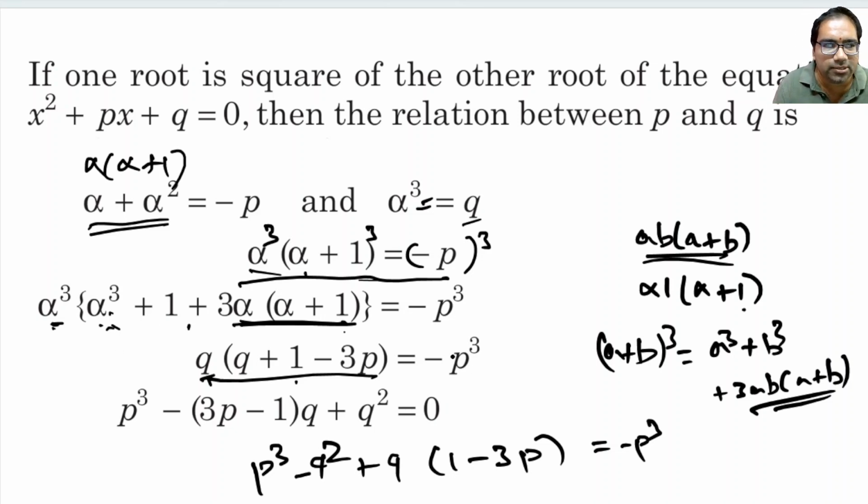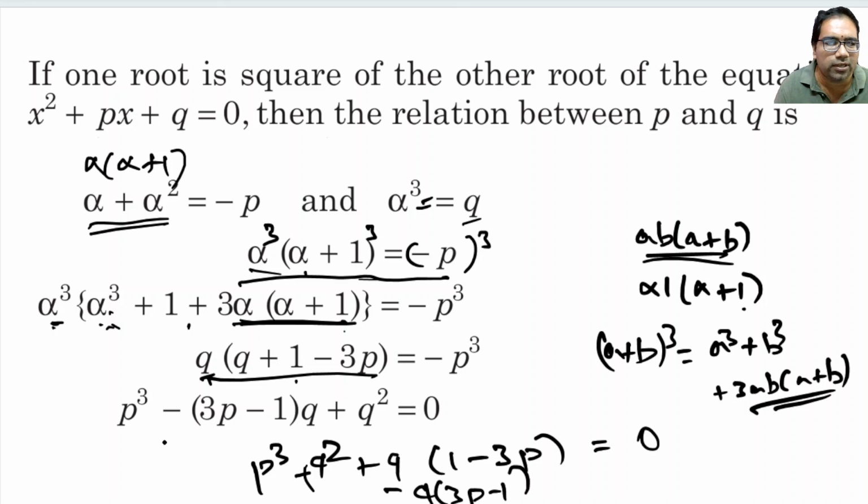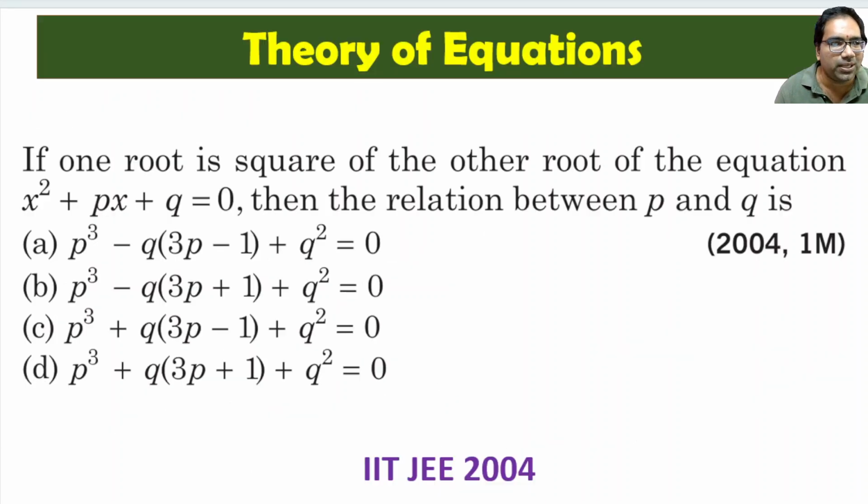If we bring this minus p cube to this side, we'll get p cube plus q square plus q into 1 minus 3p equal to 0. We can write it as minus q into 3p minus 1. So basically p cube minus q into 3p minus 1 plus q square equals 0. That is the relation between p and q.